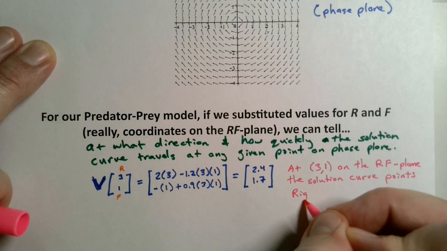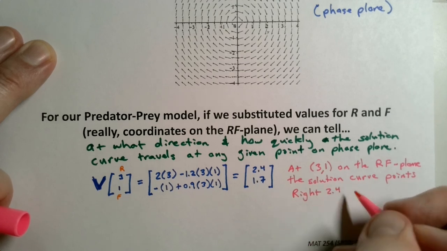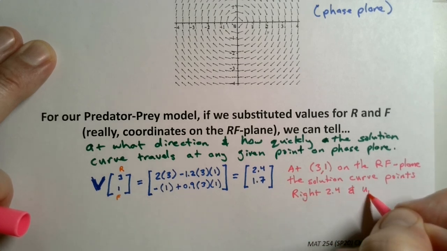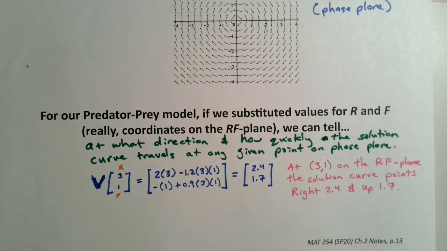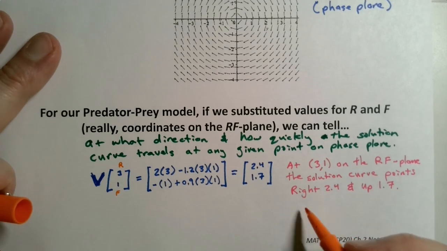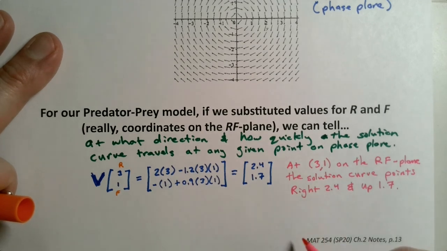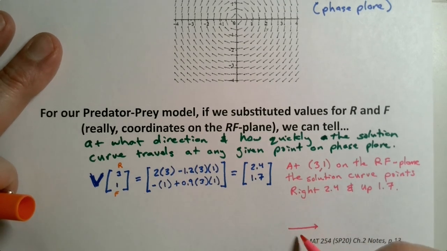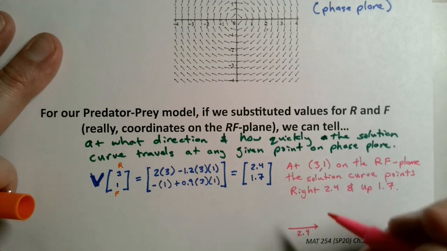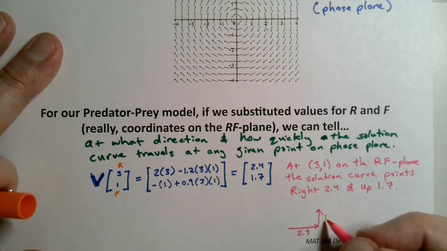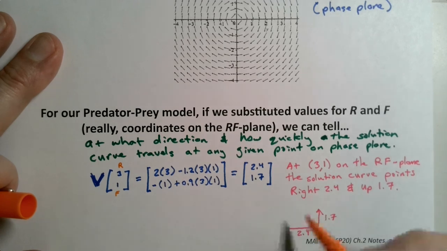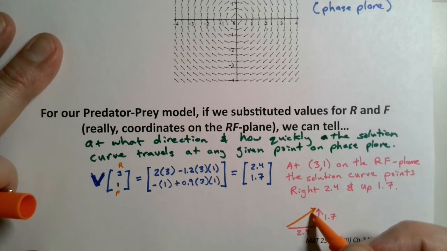So right 2.4 and up 1.7. And so what does that mean? Well, you can do a little bit of geometry and say if we're going right 2.4 and up 1.7, a little bit shorter, we can figure out what is the resultant vector.